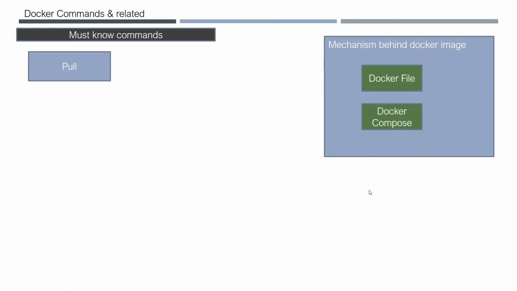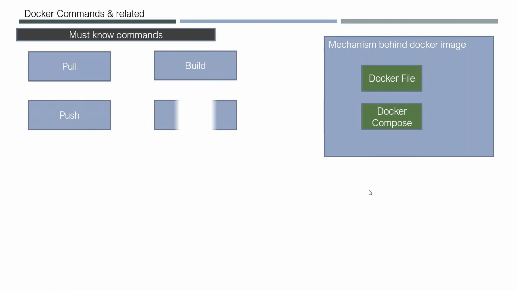So must-know commands are pull, push, build, and run. When I'm talking about any commands or concepts in Docker, you can always compare it with your regular way of working. When I say pull, you can treat it as a pull in your Azure Repos, where you pull the code from the remote repository.